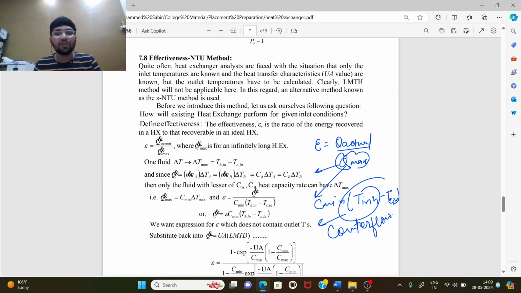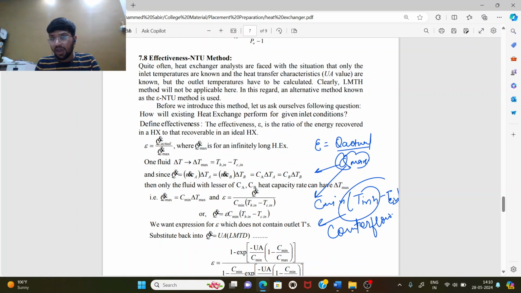First we always try to find when the heat transfer becomes maximum. We have to select either parallel flow or counter flow, and after analyzing, in a counter flow the heat transfer is maximum. What is the condition for maximum heat transfer?